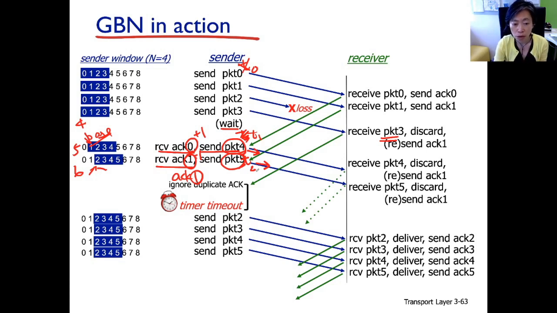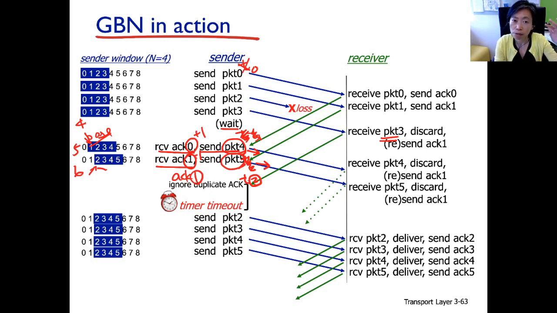Therefore, we restart the timer. So we actually killed the old timer for base 2 and now restart the timer for base 2. That means this base is actually waiting a longer time to expire and retransmit. But it's okay. It will still work. Just wait a bit longer.